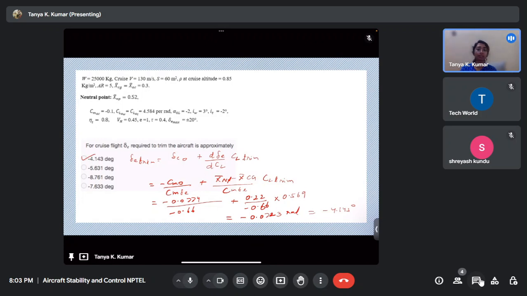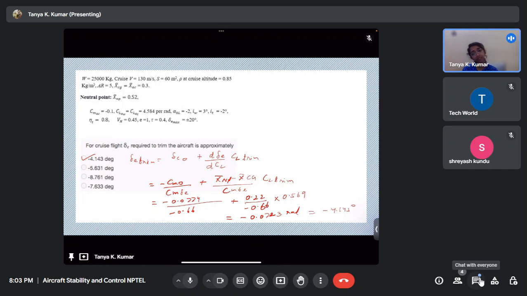So do you deflect the elevator up or down? Down. We had seen that downward elevator deflection is considered positive, right? So in this case, we've got minus 4.143 degrees.